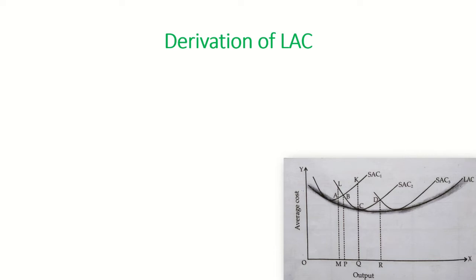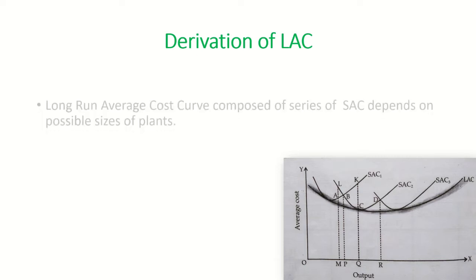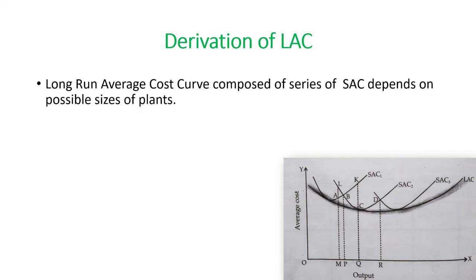As we said, it is a summation of short-run average cost curves. The long-run average cost curve is composed of a series of short-run average costs depending on the possible size of the plant. So based on the possible size of the plant, it will have a short-run average cost curve.